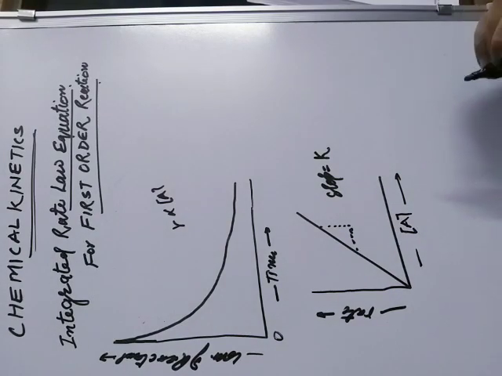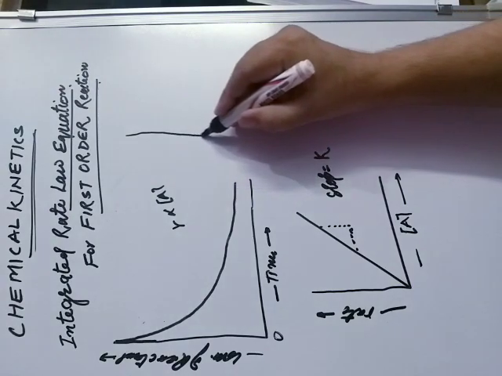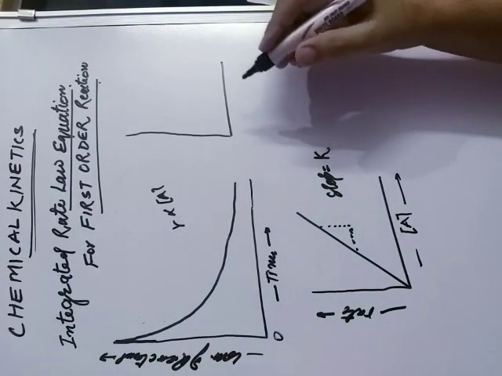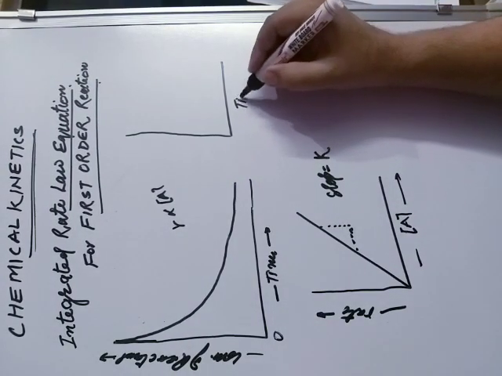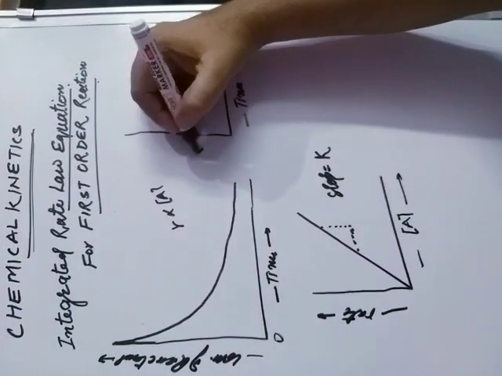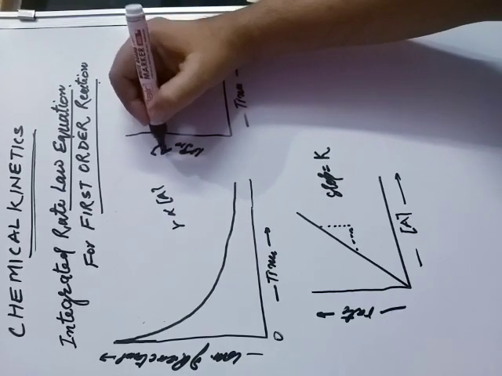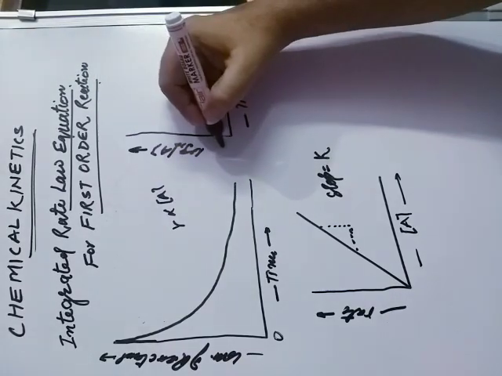Now if you want to draw one more graph, that is between time and log base 10 concentration of A. You know the equation.